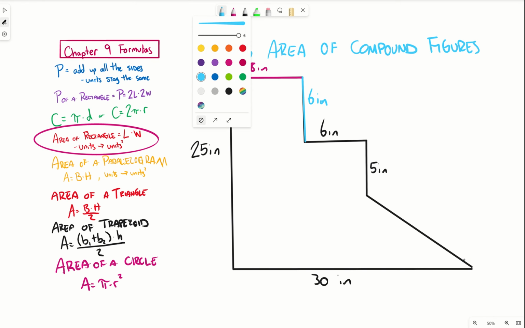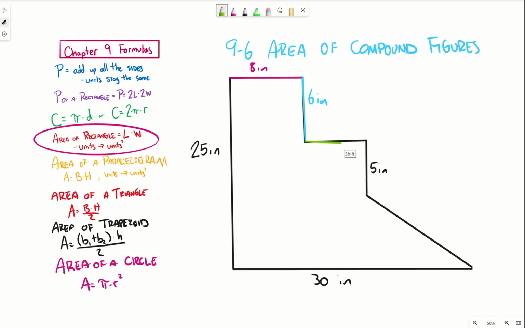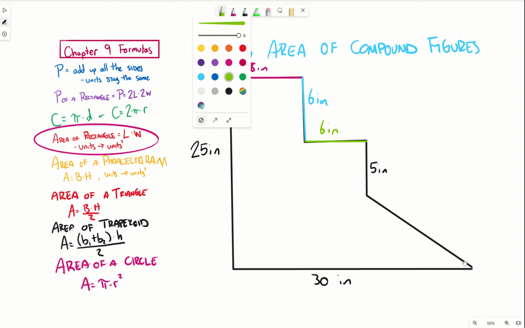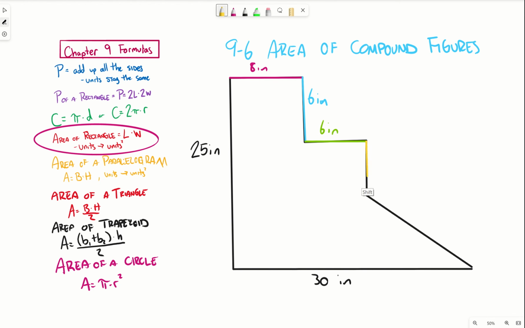We know that this side here is 6 inches. We know that this side here is 5 inches.